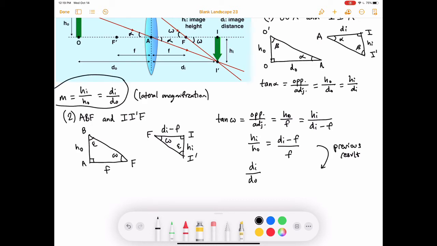So I can replace HI over HO with DI over DO. So DI over DO is DI minus F over F.